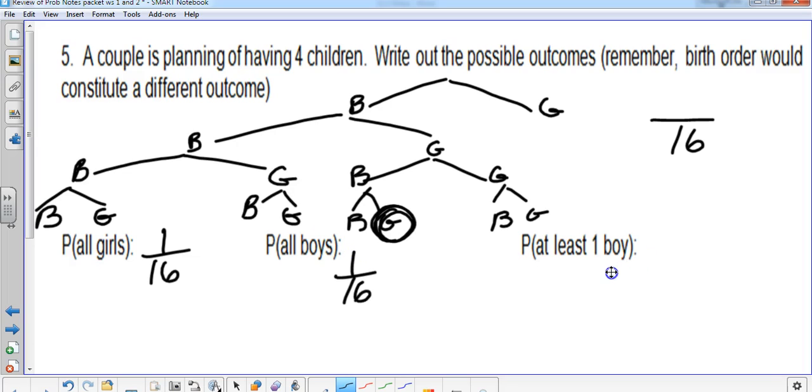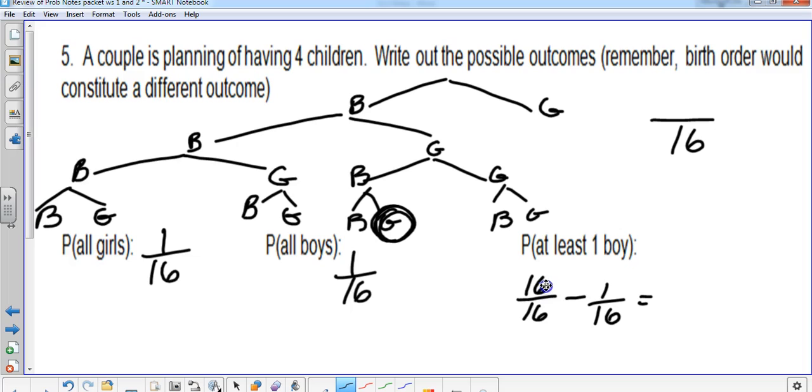Okay. Do we need to do a whole bunch of fancy work to figure out at least 1 boy? If there's 16 different ways this can happen, how many is 1 boy, or all boys? So that means all the rest of them have it.